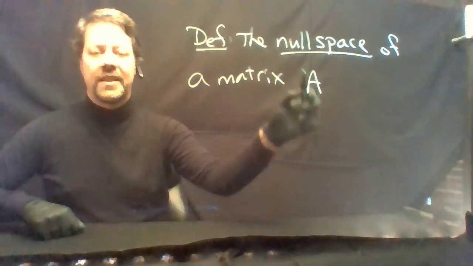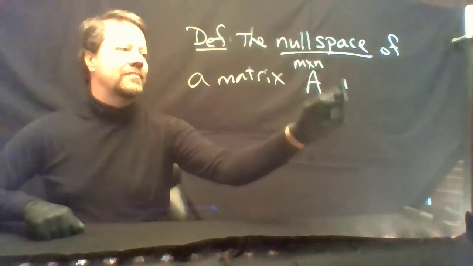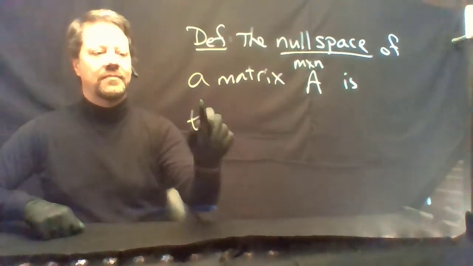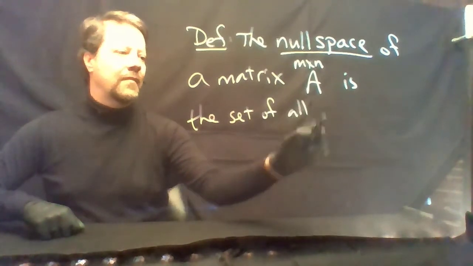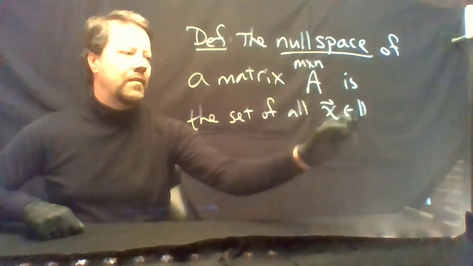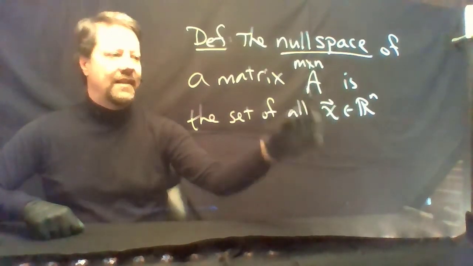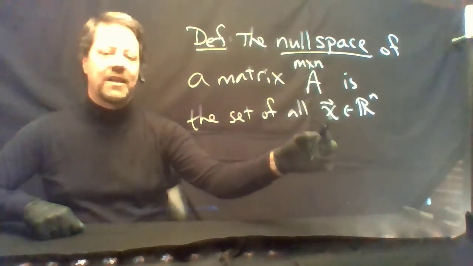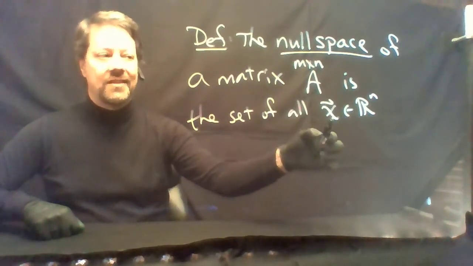We're going to assume that this matrix is M by N. It's the set of everything in Rn. Notice that A times X is defined because things in Rn are n by 1 matrices.